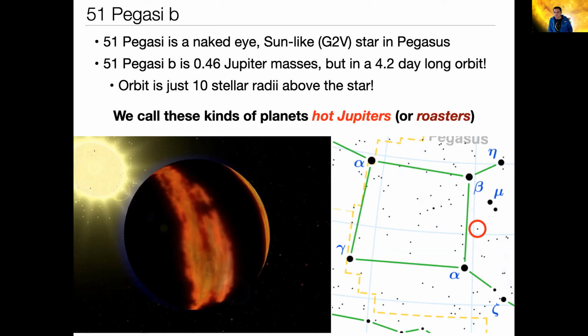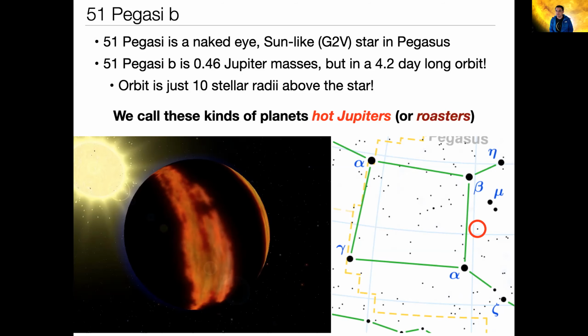And so you'll also sometimes hear these kinds of worlds called roasters because they're right there up against the star roasting. Okay? So the interesting thing about this, this was only the second planet we detected. And this planet is unlike any planet we've seen in our solar system. It's half the mass of Jupiter and butted right up against the star.